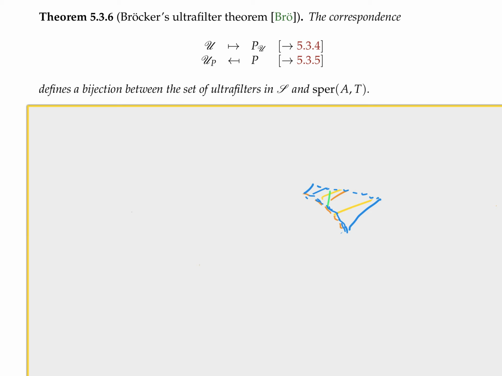Okay. So we have to show here that instead of P, I'm just taking here PU. So we have to show this, right?